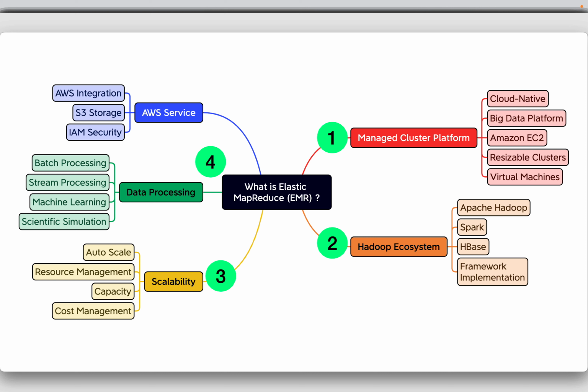This versatility makes it suitable for a variety of data engineering and data science tasks. AWS service. Elastic MapReduce is an AWS offering, and this means it is integrated with other AWS services like S3 for storage and Identity and Access Management for security, which can make it easier to implement in an AWS-centric environment.